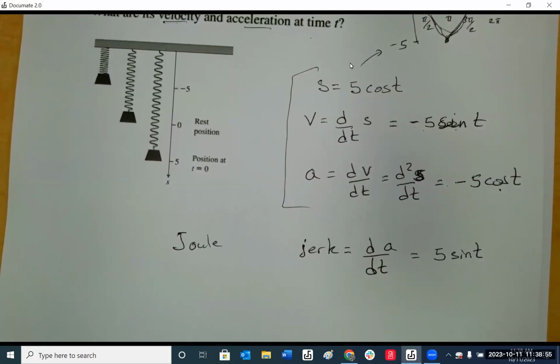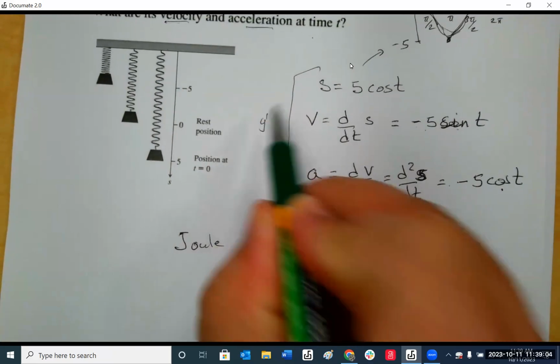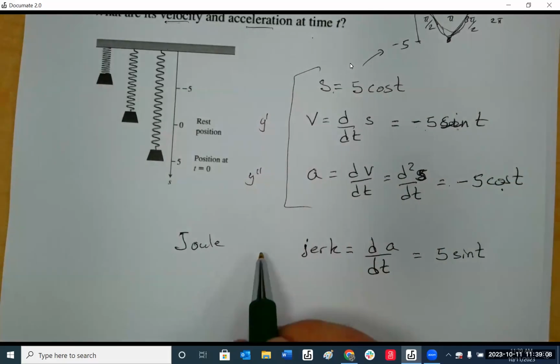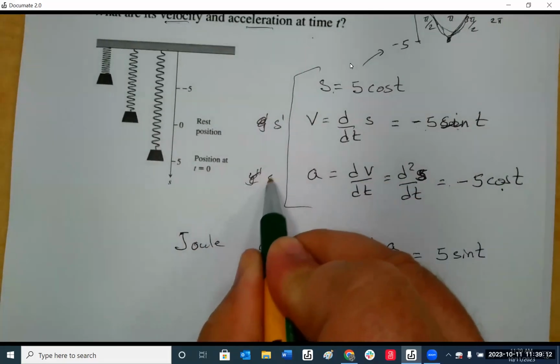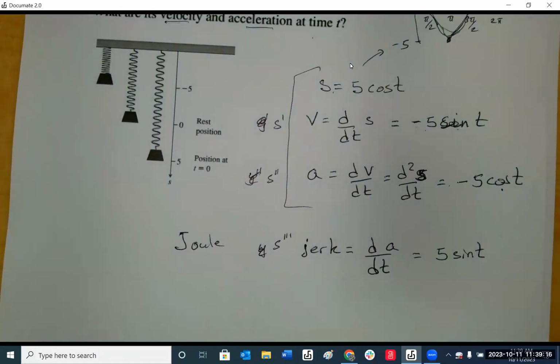So we're just moving down different levels of the derivative. This is the first derivative of our function, and this is the second derivative of our initial function. Earlier in the semester you asked whether we can take more than one derivative.